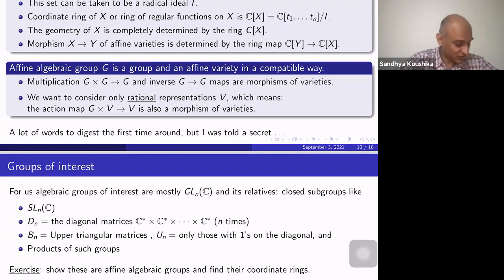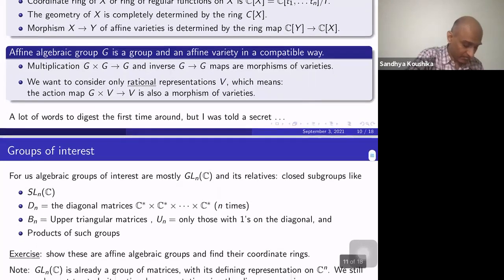So for example, just to remind you, C star, if you just embed it inside C, then it is not a closed set. But you can just go up one dimension and think of it as a subset of the plane with xy equal to 1, and just look at the x coordinate. So you do the same thing for GL_n using the determinant, etc.